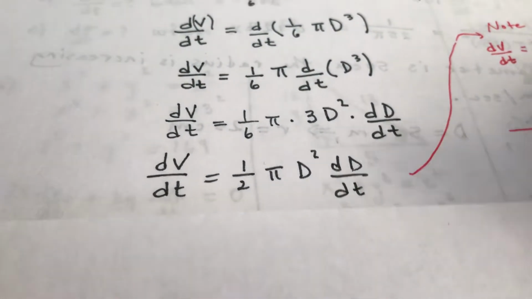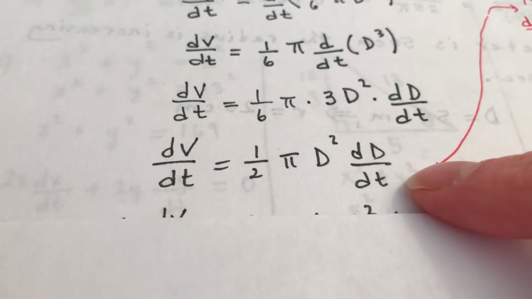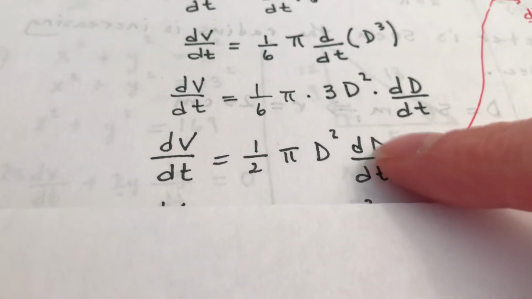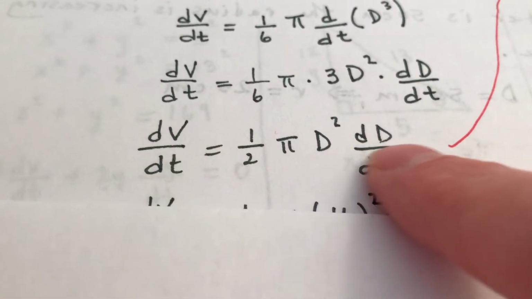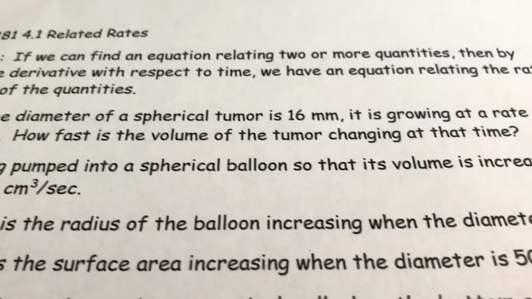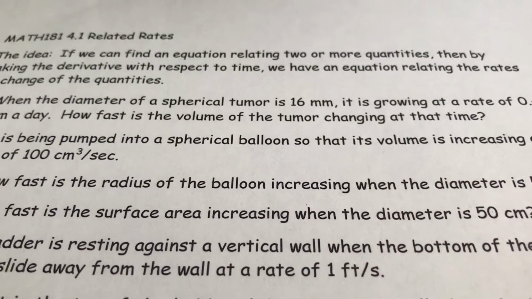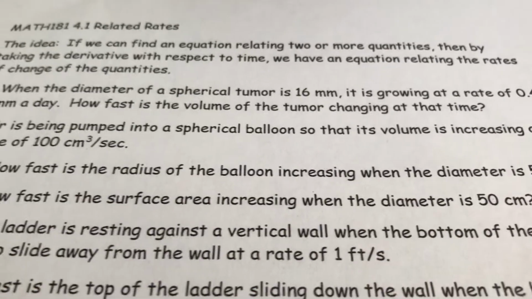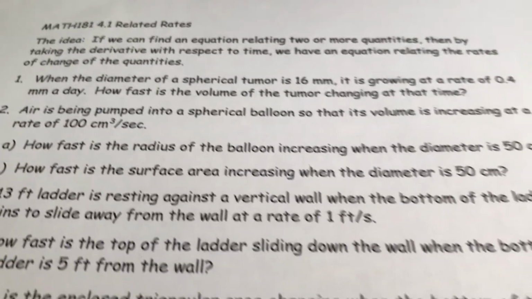So this is a relationship between the rate of change of the volume with respect to the diameter's change. We know that dV/dt is 1/2 pi d squared dD/dt, and the question was: how fast is the volume of the tumor changing at the time when the diameter is 16 millimeters?